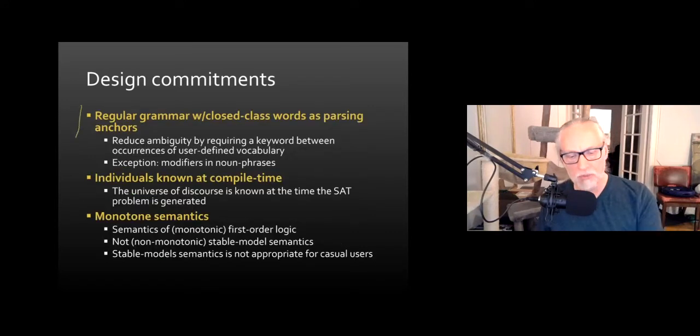The grammar is really simple, and we make sure that any occurrences of user-defined concepts are separated by specific keywords, so there's no ambiguity about where one user-defined phrase ends and another one begins.